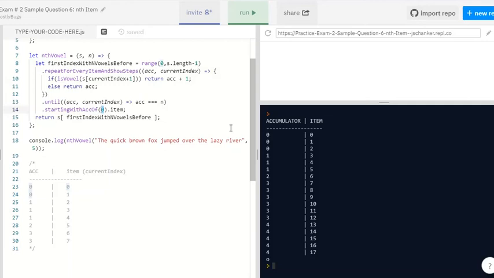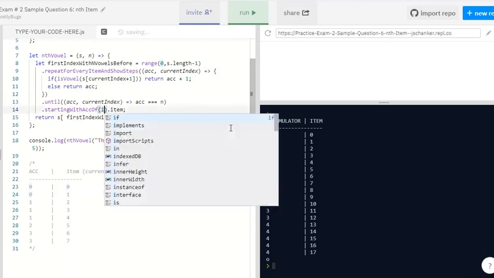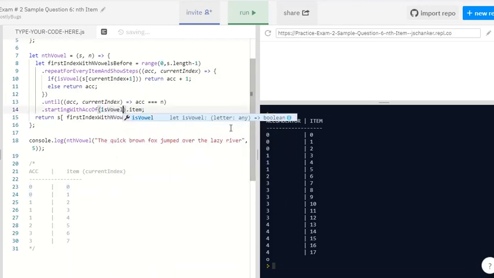I'm going to ask if the character at position 0 is a vowel, then I want this to start at 1. Otherwise, I want it to start at 0.